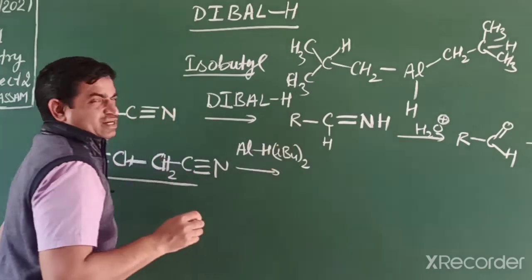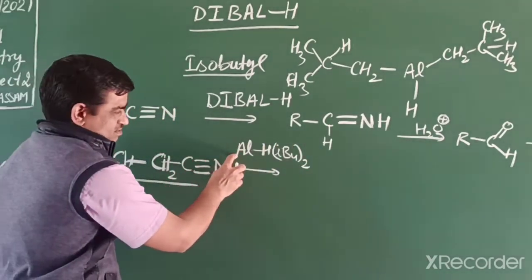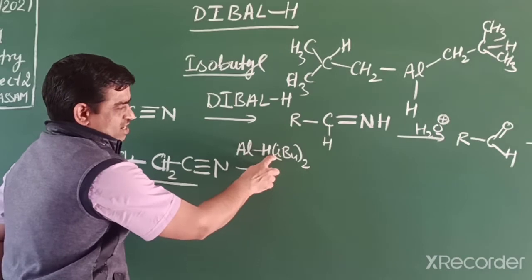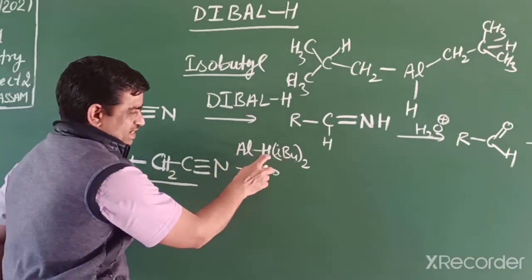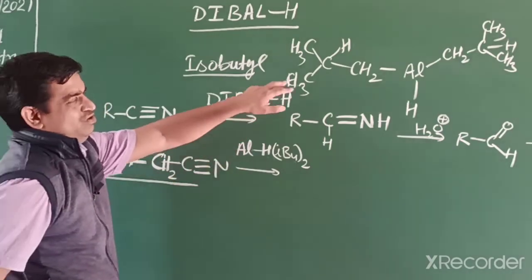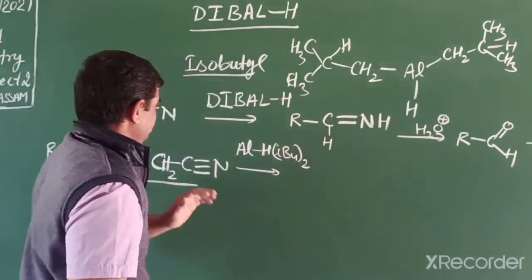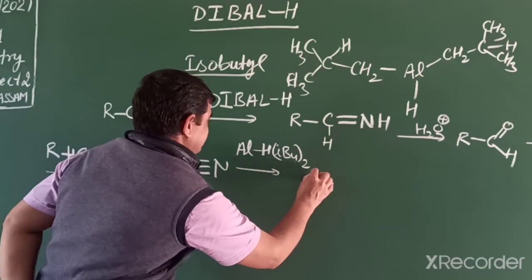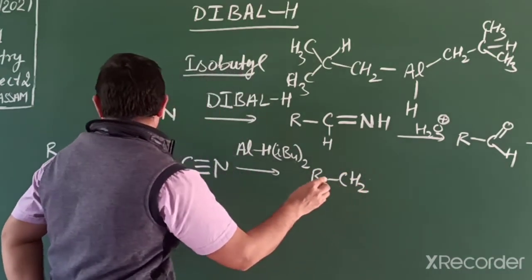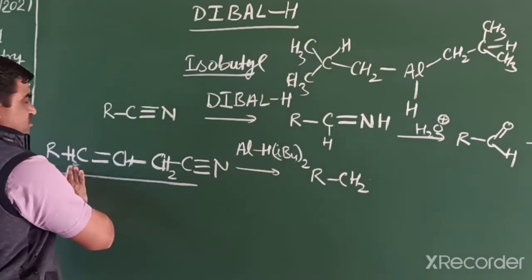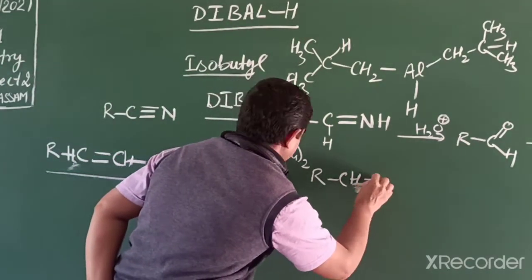Diisobutyl aluminum hydride can also be written as DIBAL-H, with isobutyl groups, in this way, or as a complete structure like this. So it is a controlled reduction, and it does not affect double bonds.